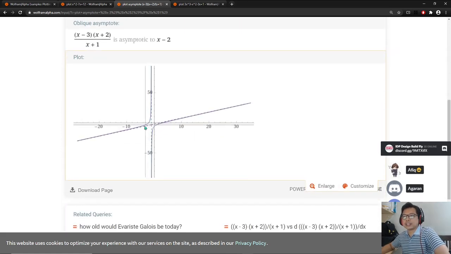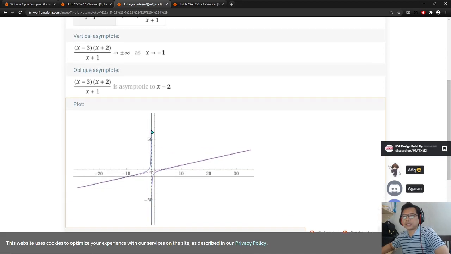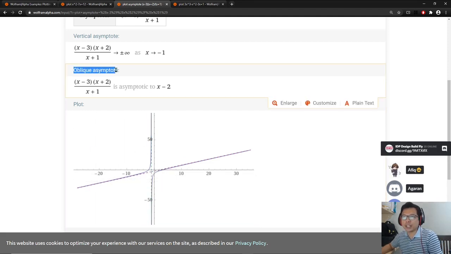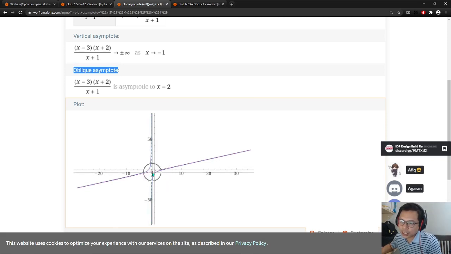You look at this. Okay, vertical asymptote is easy, you know. The function will go to infinity. y will go to infinity as x is approaching minus 1. There's minus 1 right there. But there's another, what we call an oblique asymptote. These two functions will not reach this line here, this oblique asymptote.